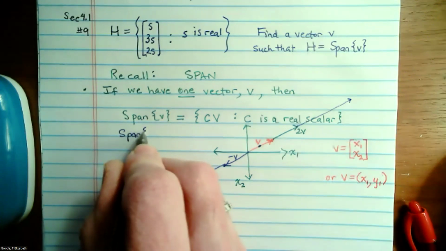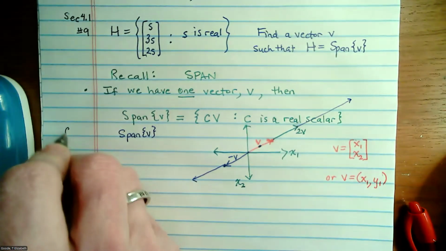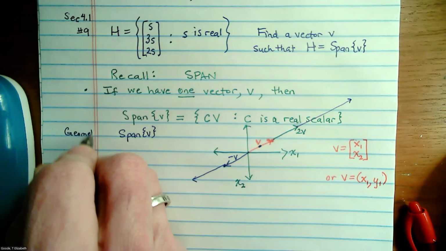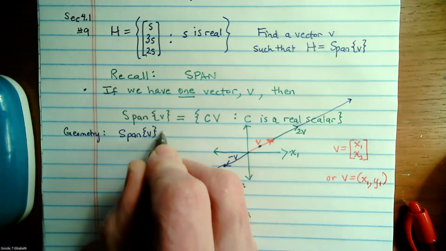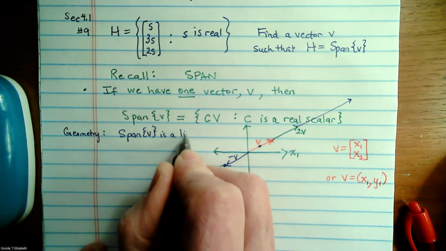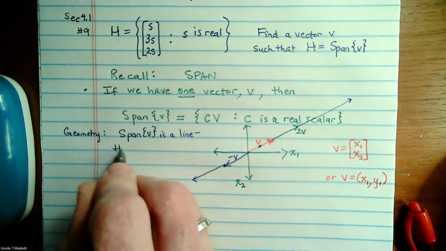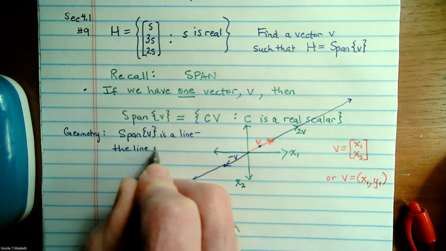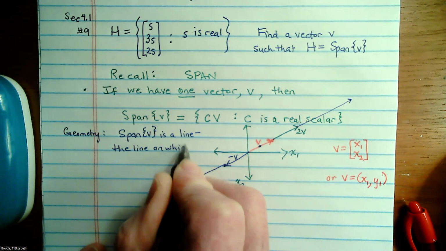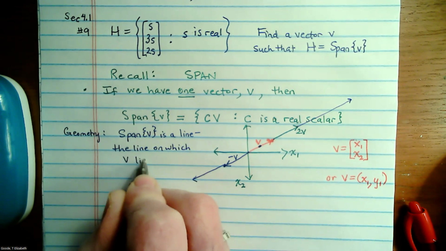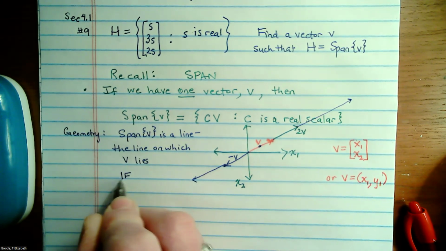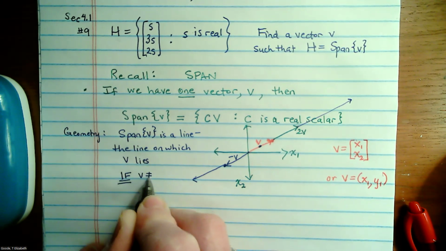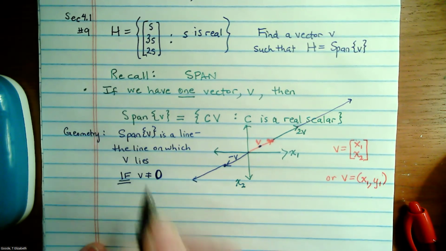Span of V, if we think about the geometry, is a line. The line on which V lies, if V is not equal to the 0 vector.